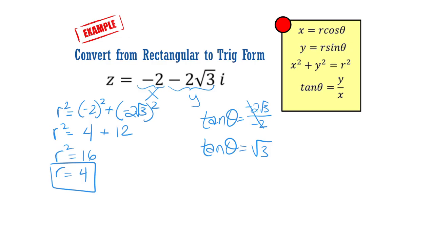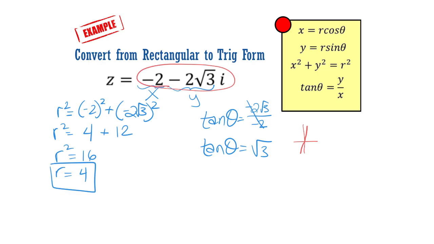Can you think about where tangent would be root 3? And hopefully you're thinking in your mind, oh, that would happen right here and down here. Now, which of those do I want to write? Well, it goes back to the original, and I maybe should have drawn attention to it, but now that we're here, it might make more sense.